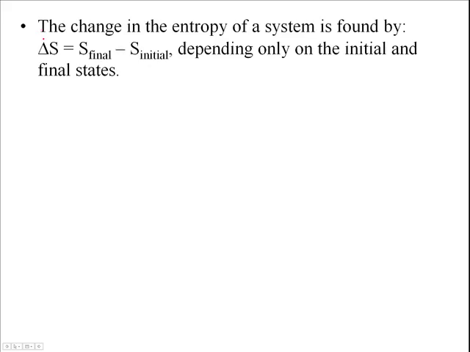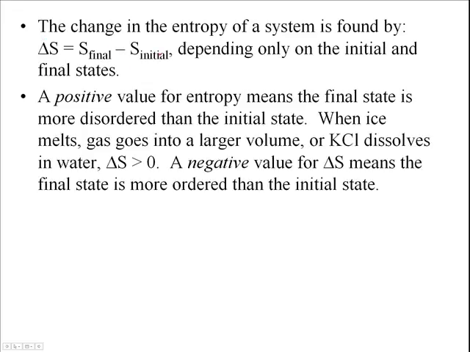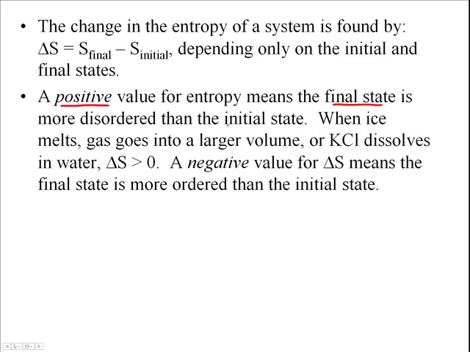Okay, and just like with enthalpy, the way you can find the change in the entropy is the final entropy minus the initial. A positive value, like I said, for the change in entropy means the final state is more disordered than the initial state.